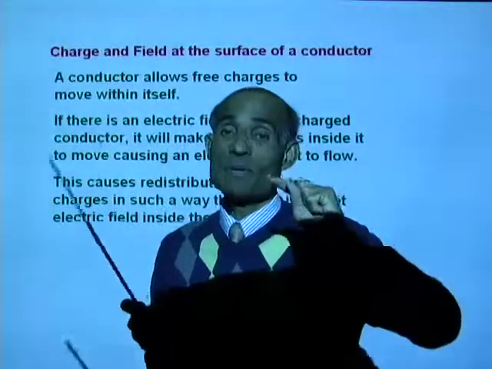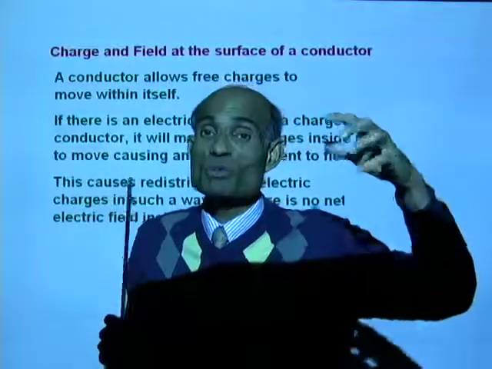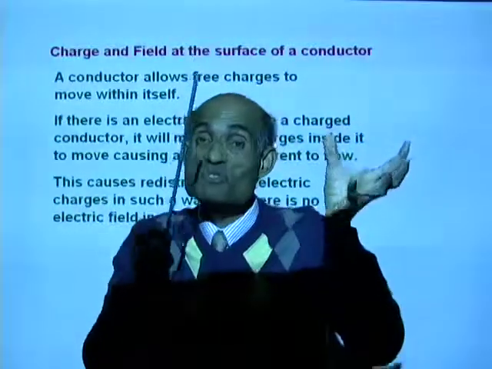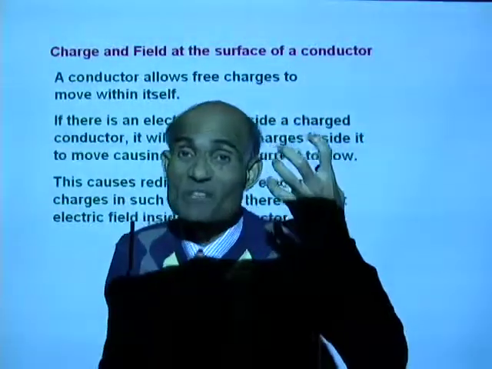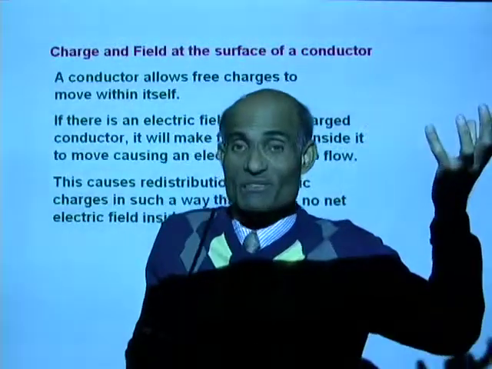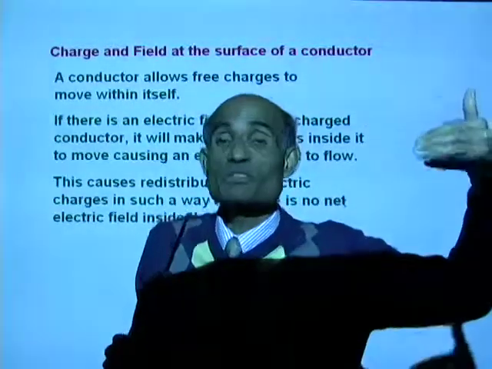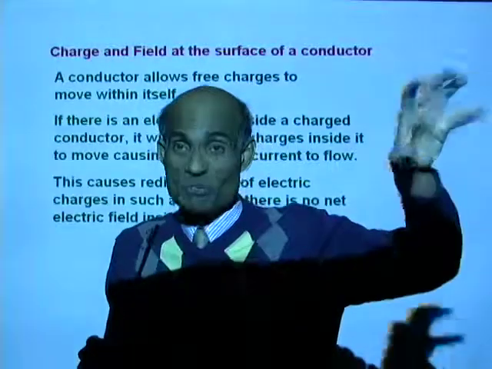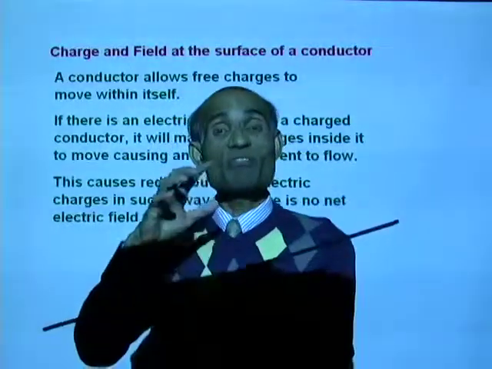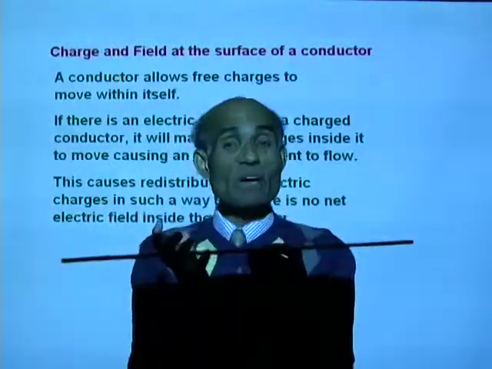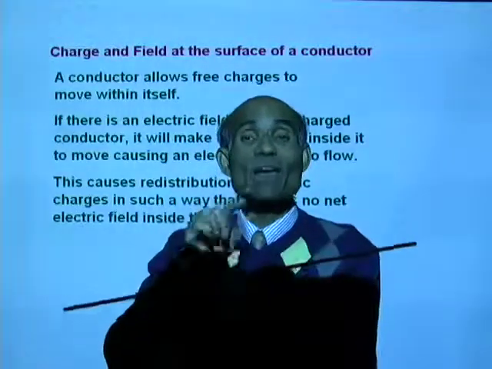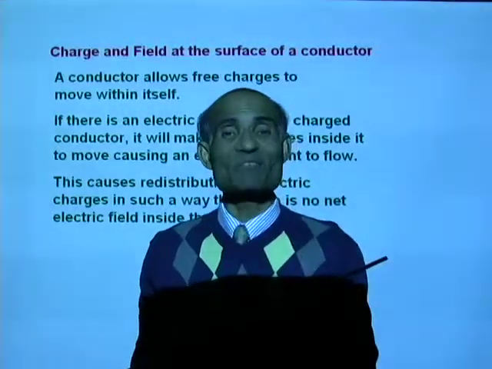Now remember, in the previous case we talked about a charged sphere. That is not a conducting sphere. It is a non-conducting sphere. We talked about the electric field inside that material. But if it is a conducting sphere, there will be no electric field inside that sphere.